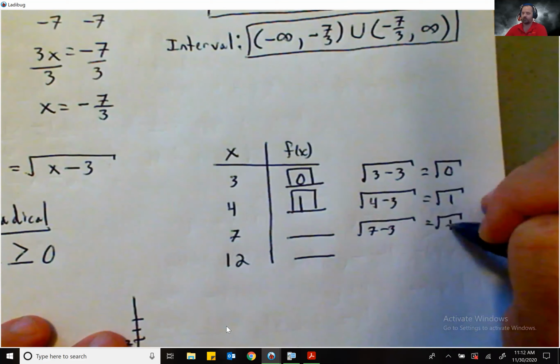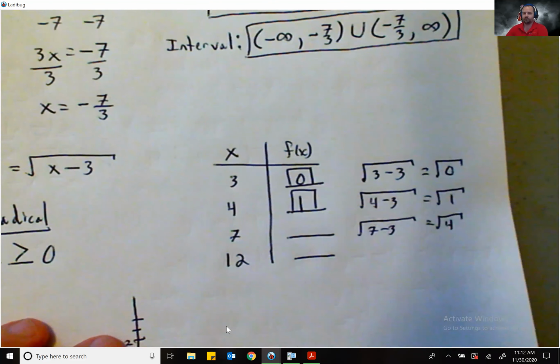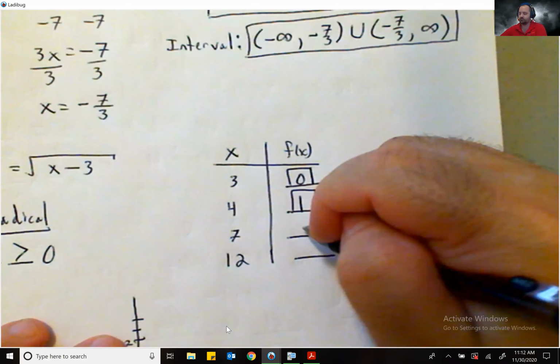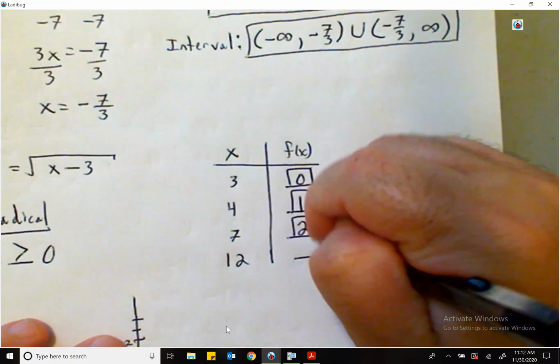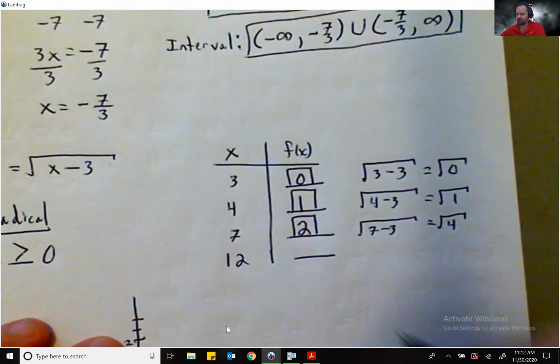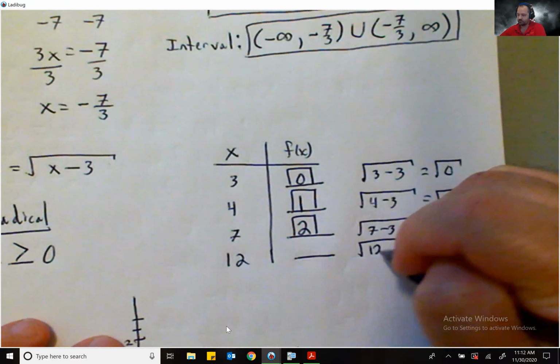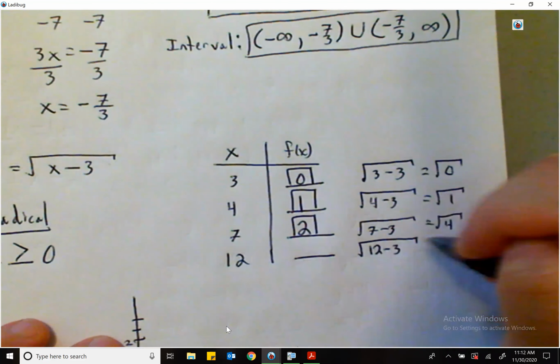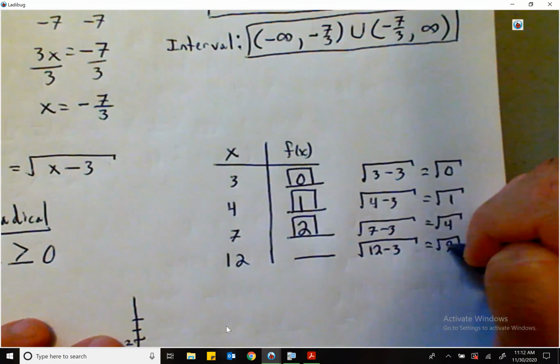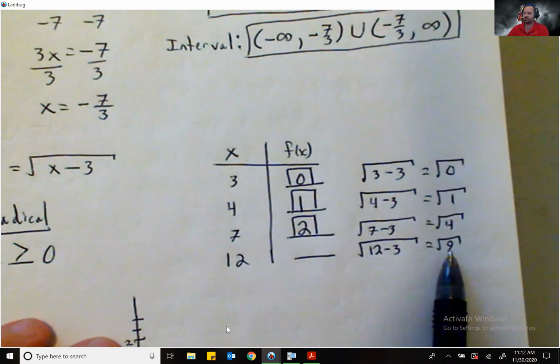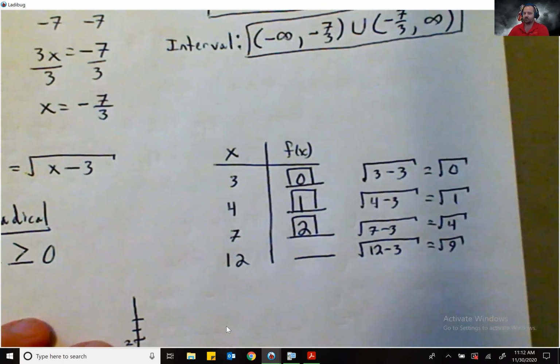What's the square root of 4? 2. Anybody want to take a guess at the last answer? Because 12 minus 3 is 9, and the square root of 9 is 3.